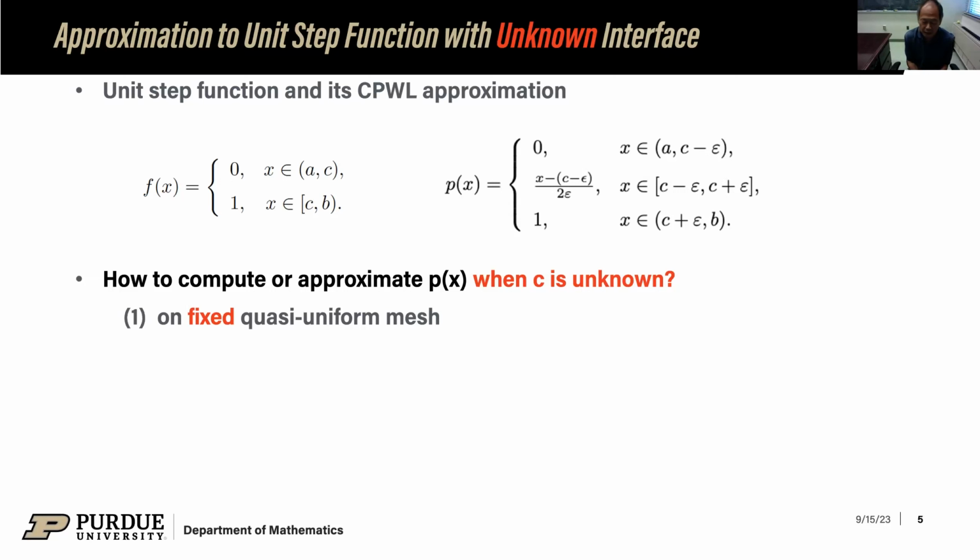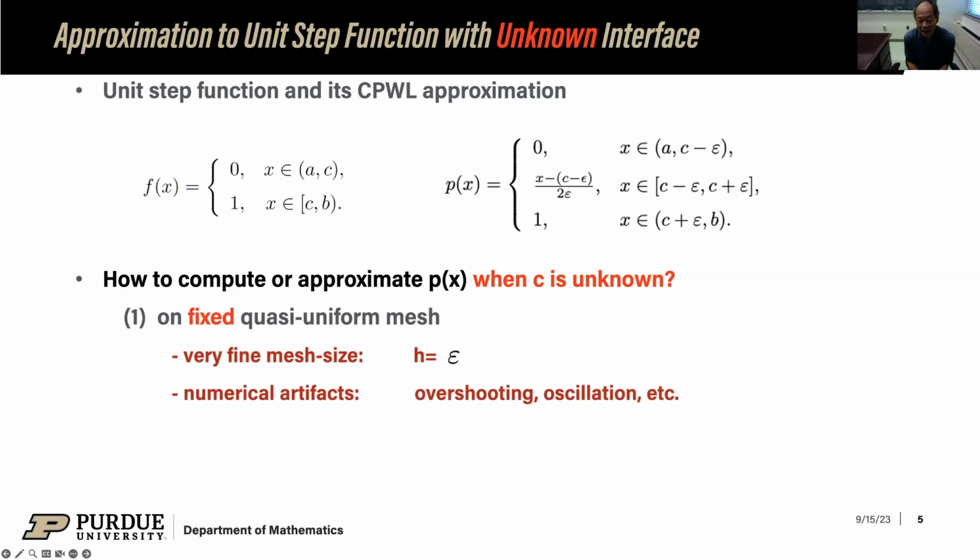Now, as you know, all the numerical schemes, finite difference and finite volume, are based on a fixed quasi-uniform mesh. If I do that, to approximate or compute it exactly, I have to use a very, very fine mesh. My mesh size has to be very small, epsilon.